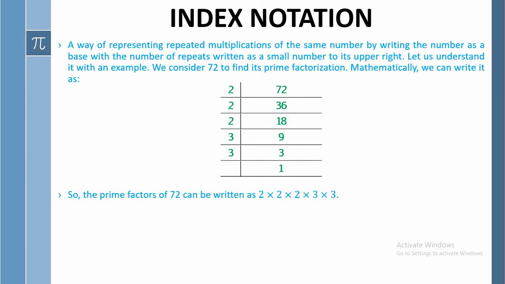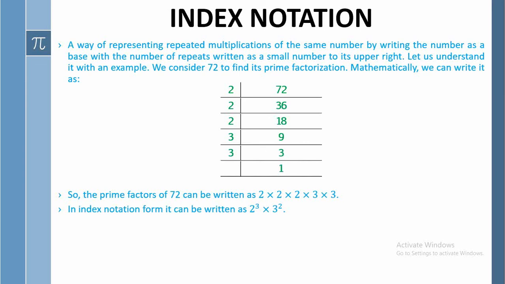While you have two 3's, you can write it as 3 to the power 2. So every time, if you are asked to find the index notation of any value, first of all you need to find the prime factorization, then you need to write the total prime factors with a multiplication sign between them, like we have discussed: 2 multiplied by 2 multiplied by 2 multiplied by 3 multiplied by 3.